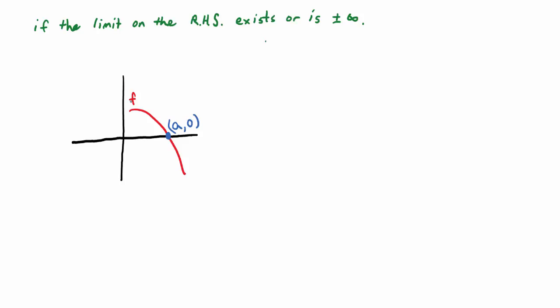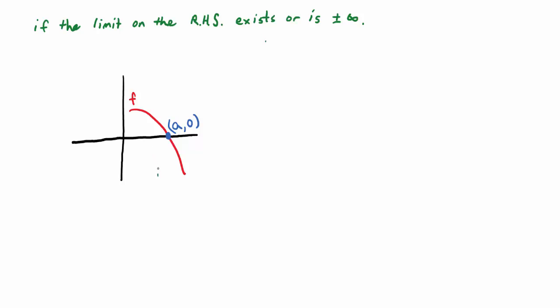So certainly the limit of f of x as x approaches a is equal to 0, that second coordinate of 0, I should say. In other words, the x-intercept of f is at a, 0. And let's suppose the x-intercept of a function g is also at that value.